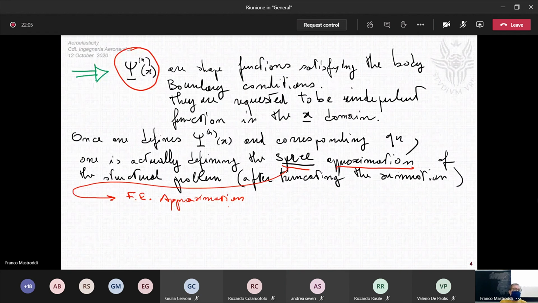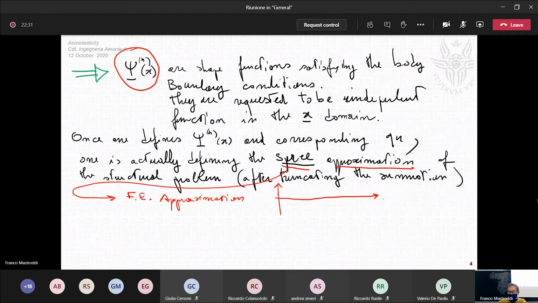I want to show this with an elementary one-dimensional continuous problem for a linear elastic line, also known as a beam, for example, an elastic straight beam. If you have a straight beam, you have this reference configuration.